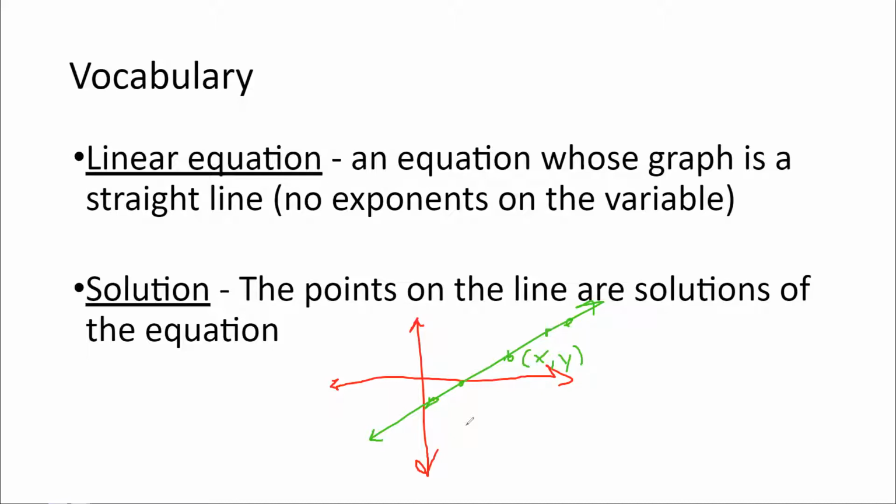There are infinitely many because every single point on that graph is going to be a solution. So using that idea of a solution, that's how we're going to create and form our knowledge for this lesson. So keep that in mind for the future.